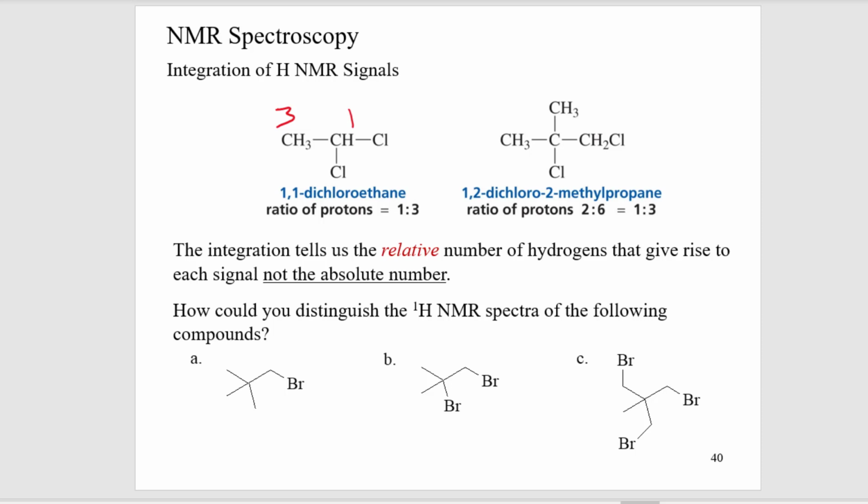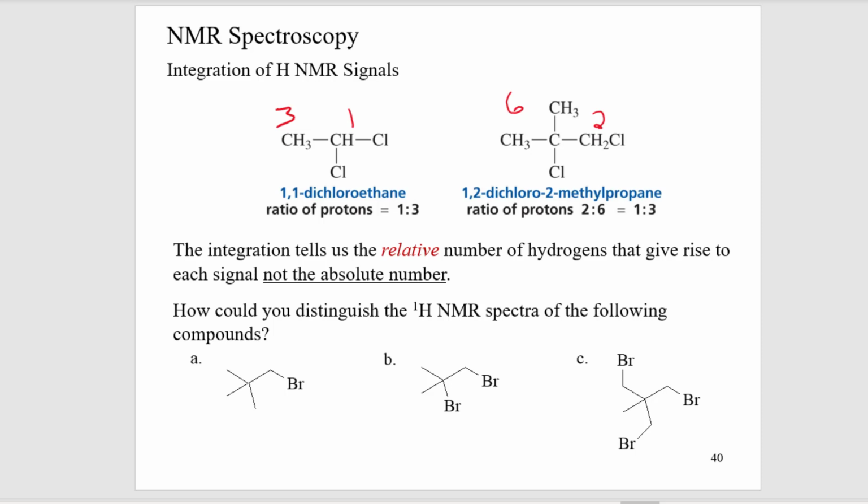Understand, though, that a 2:6 ratio of equivalent hydrogens is also a 1:3 ratio. So if you were just going by integrals, the NMR is not going to tell you whether you have an actual 1 hydrogen and 3 hydrogens or a 2:6 ratio, or 4:12. You don't know how many hydrogens you're dealing with. You just know the relative integration ratio.